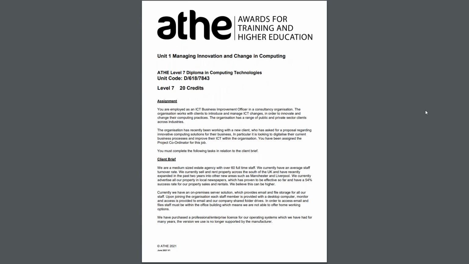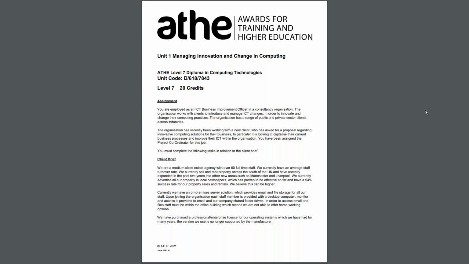Your scenario says you are employed as an ICT business improvement officer in a consultancy organization. The organization works with clients to introduce and manage ICT changes in order to innovate and change computing practices. It has a range of public and private sector clients across the industry.